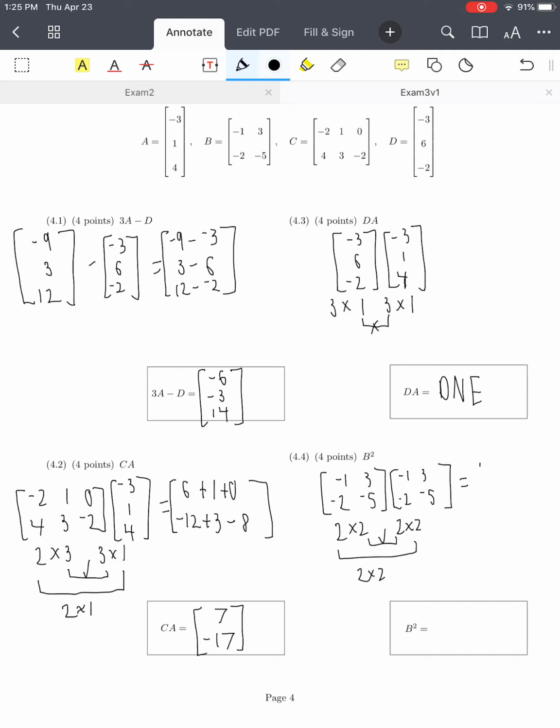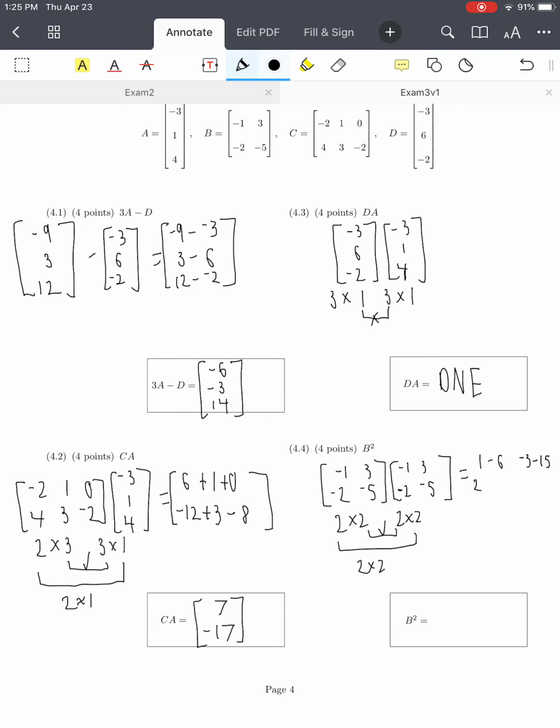So here, -1 times 1 is 1, plus 3 times -2. Then -1 times 3, plus 3 times 5. Then -1 times 2, plus -5 times -2.